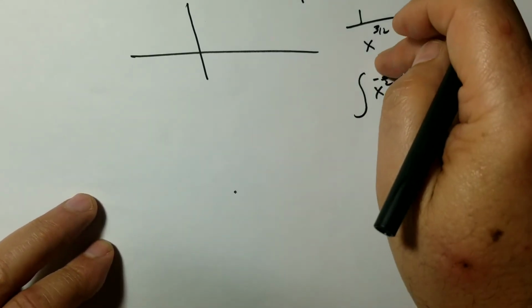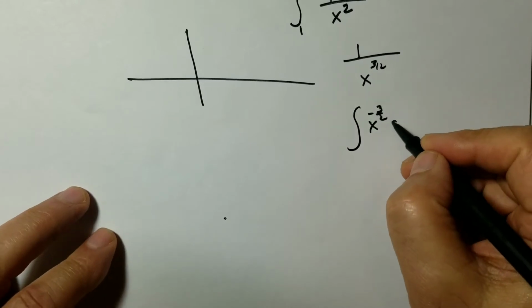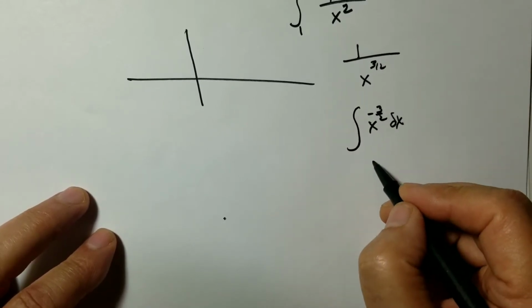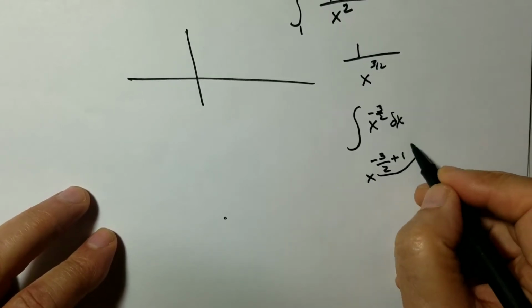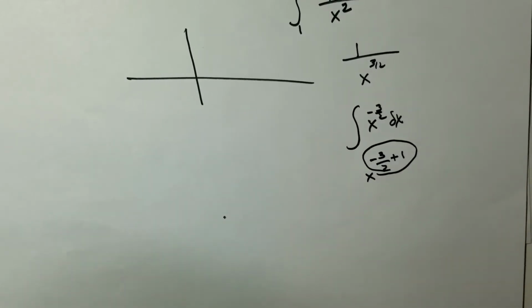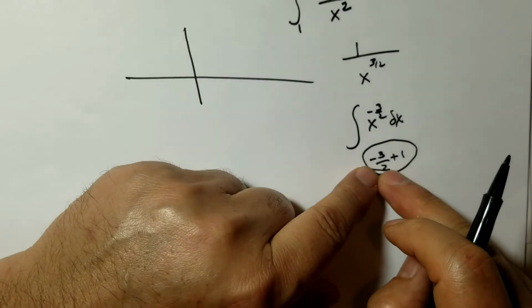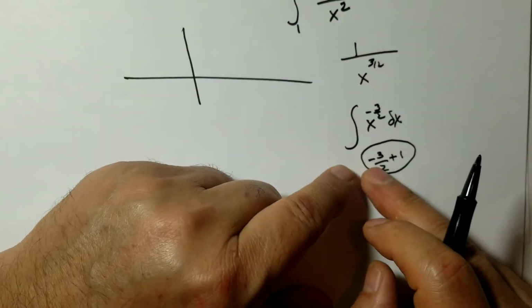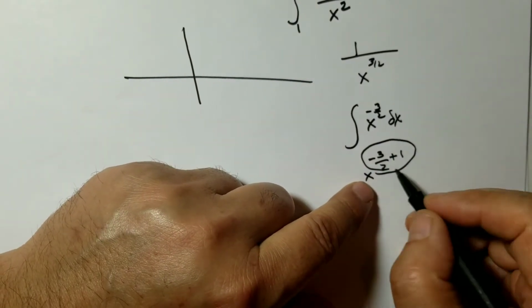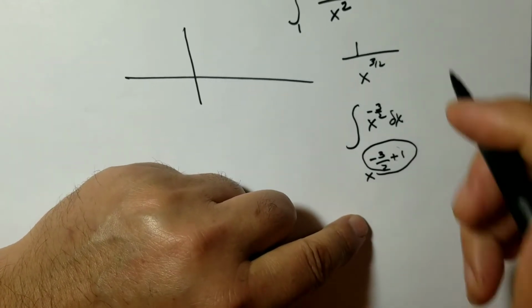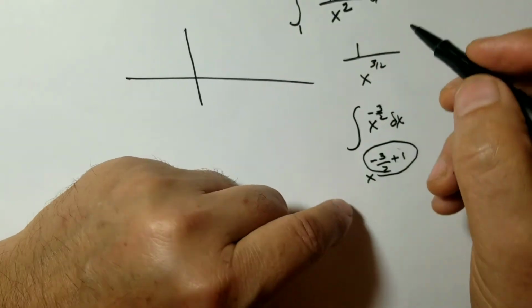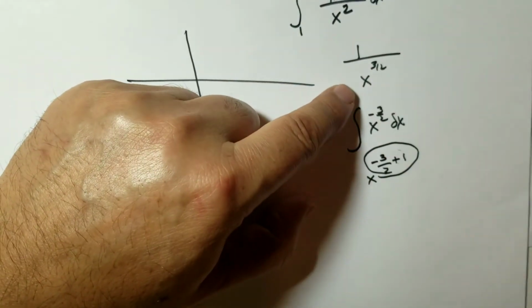The power becomes negative. And when you try to find the integral, when you add 1 to that one, because this number is more than 1 and is negative, the answer is going to become a negative number. And it has to go back down the stairs. Therefore, for that one, I'm going to use 2, not 3/2.